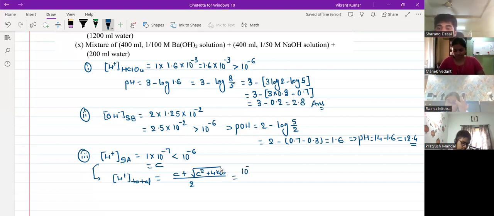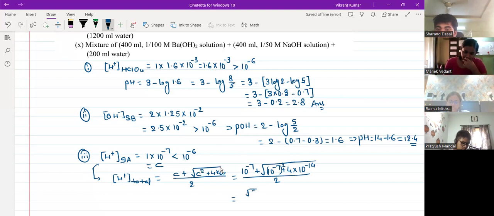That becomes 10 raised to minus 7 plus root under 10 raised to minus 7 whole square, that is 10 raised to minus 14, plus 4 into 10 raised to minus 14, divided by 2. So that gives you root 5 plus 1, sorry, 10 raised to minus 7 by 2. Now root 5 is 2.236. So plus 1 will become 3.236, divided by 2 will become 1.618 into 10 raised to minus 7.